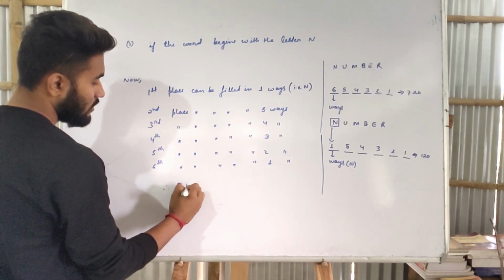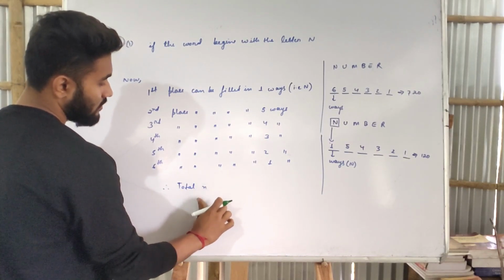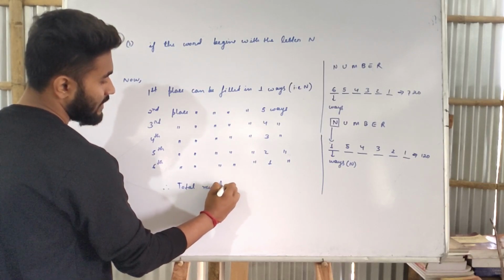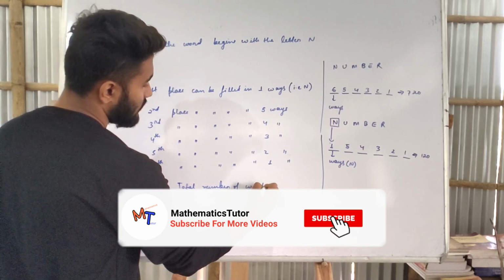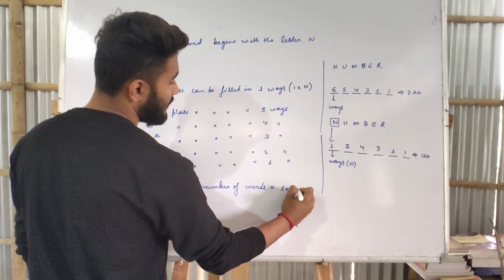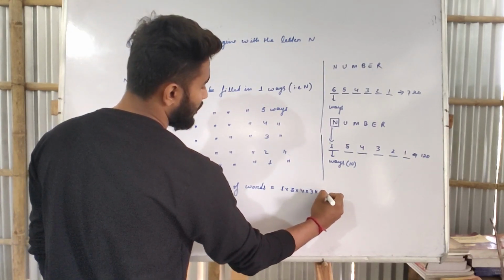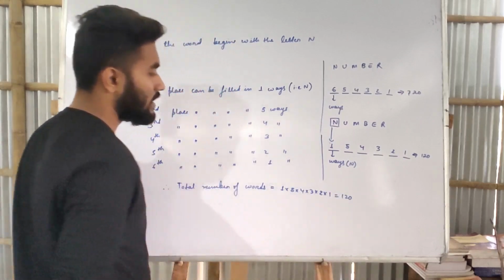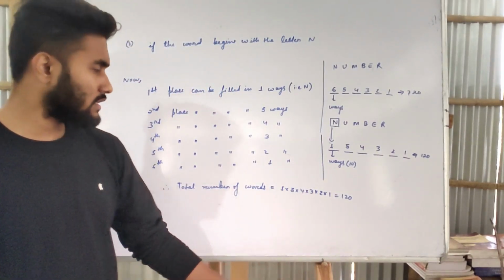Therefore, total number of words equals 1 into 5 into 4 into 3 into 2 into 1. That will be 120, because we neglect the 1; 5, 4, 3, 2, 1 is factorial 5, which is 120.